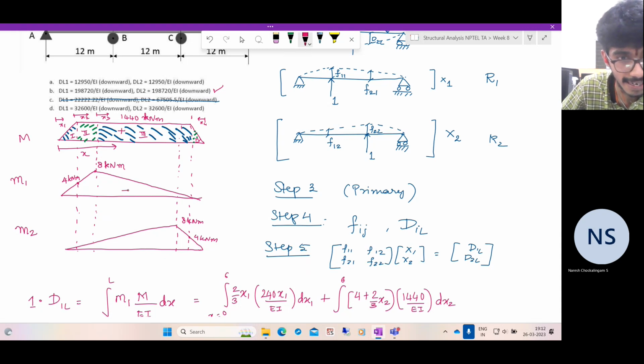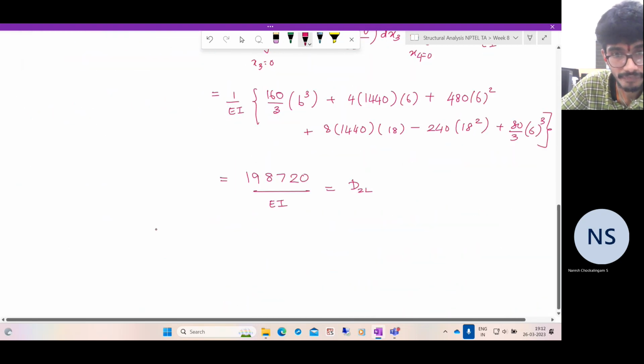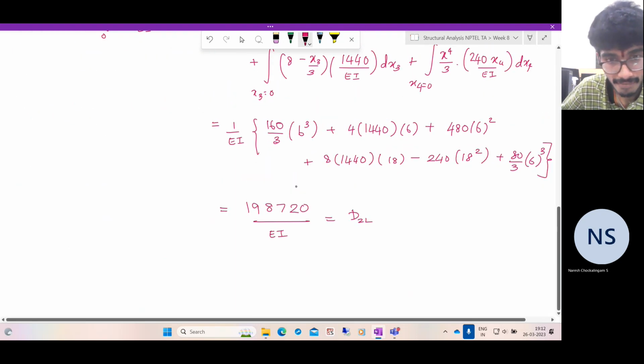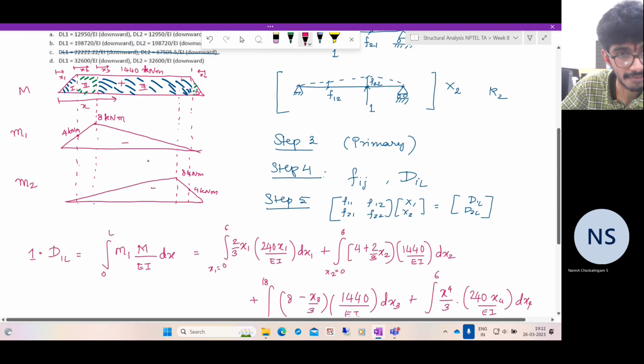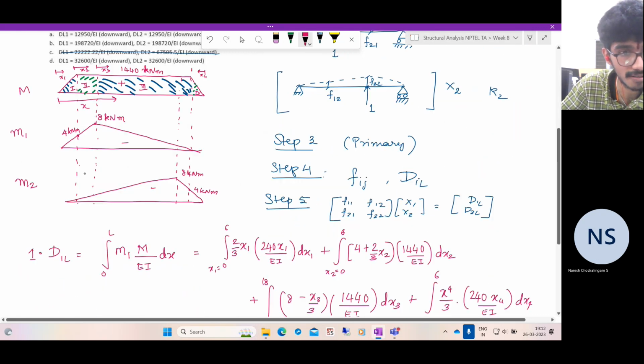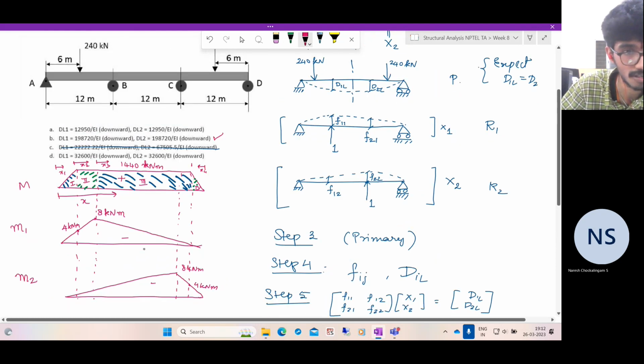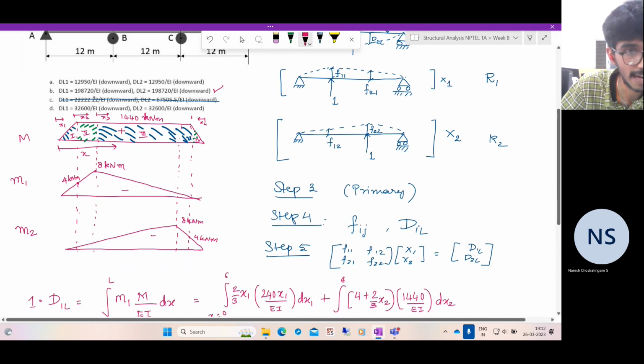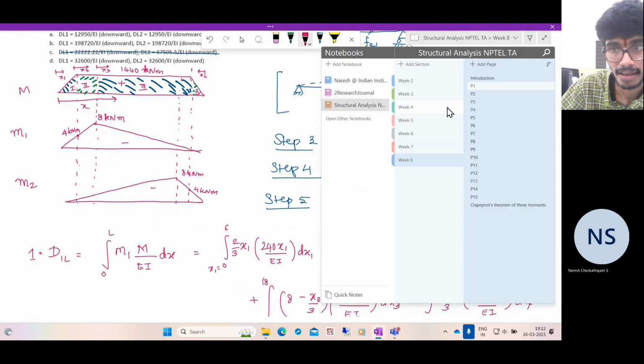So D1L will be negative. These two moments are flipping their signs. There's no issue with the flexibility coefficients because they are either squares or negative multiplying negative, so they are all positive. That's why we have the deflection downwards, right? That is obvious. These are negative.